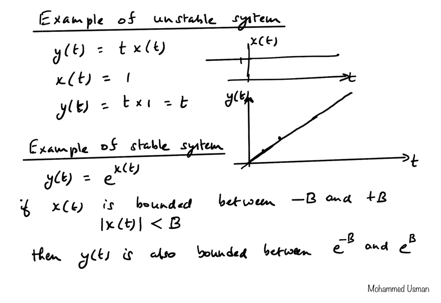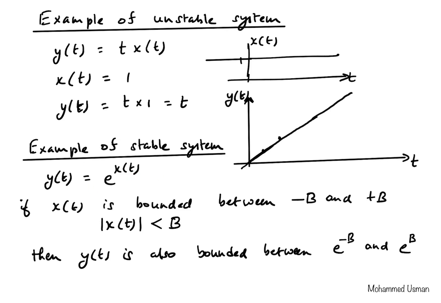When x of t has the maximum value of plus b, the output y of t will have the maximum value e power plus b. And when x of t has the minimum value minus b, the output will have e power minus b. It will not be anything outside this range, right? Because the input is bounded, the output is also bounded. So this is a stable system. We have this as an example of a stable system.